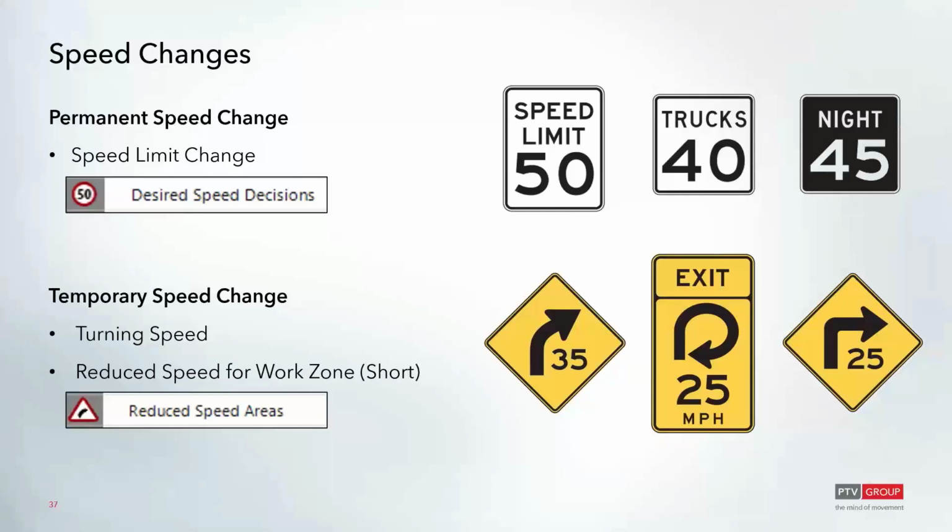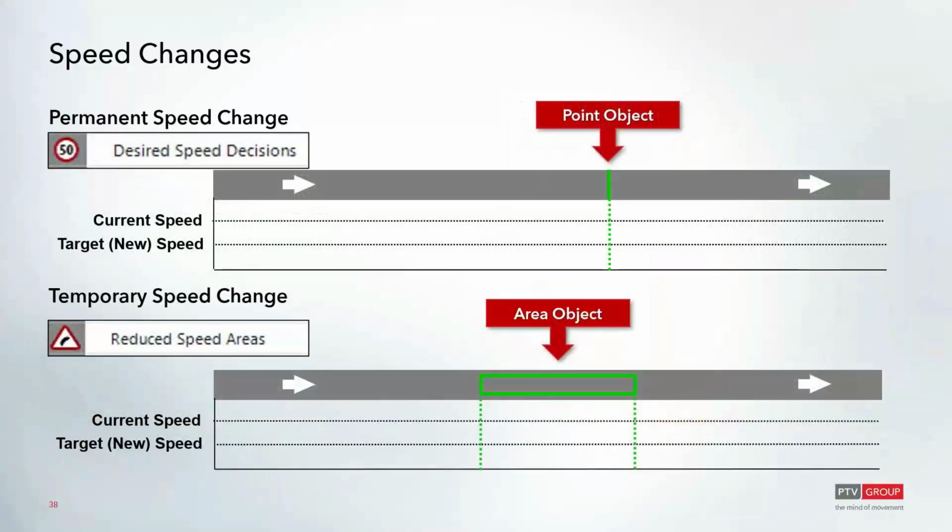The other option is a temporary speed change, which models things like the turning speed when a vehicle is making a turn, or a reduced speed for a work zone, which will be modeled using reduced speed areas.